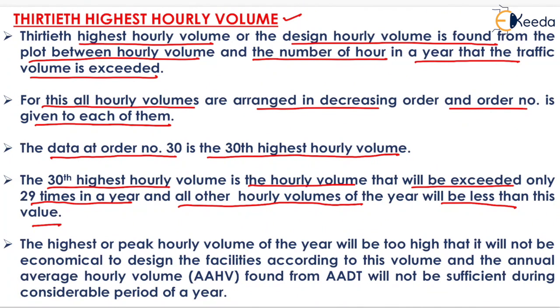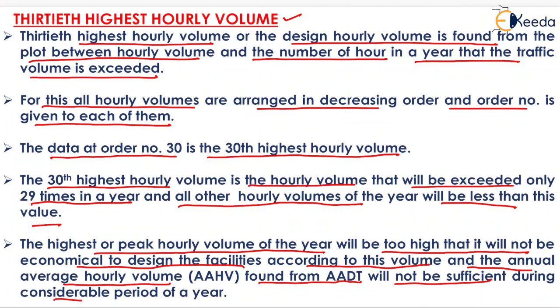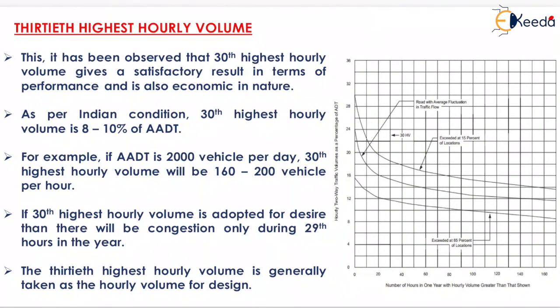The highest or peak hourly volume of the year will be too high, so it will not be economical to design the facilities according to this volume, and the annual average hourly volume found from AADT will not be sufficient during a considerable period of a year. The curve is shown here.